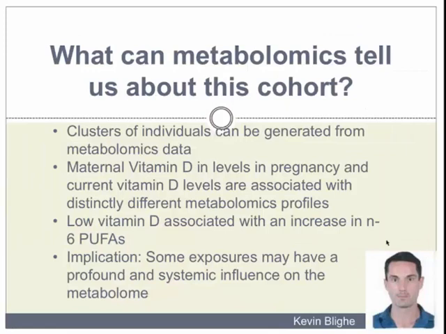So at the end of the day, when we ask this question, what can metabolomics tell us about our cohort in general, we see that it can cluster the individuals in a very meaningful way, where we can see the effects of this intervention and low vitamin D levels associated with these inflammatory metabolites, which biologically, knowing how vitamin D works as a component that reduces inflammation, makes biological sense. So the implication here is that some exposures during pregnancy may have a profound and systematic influence on the metabolome.